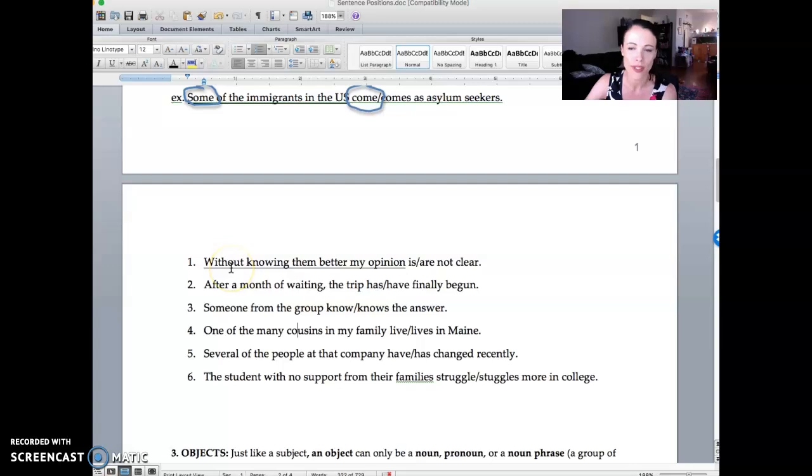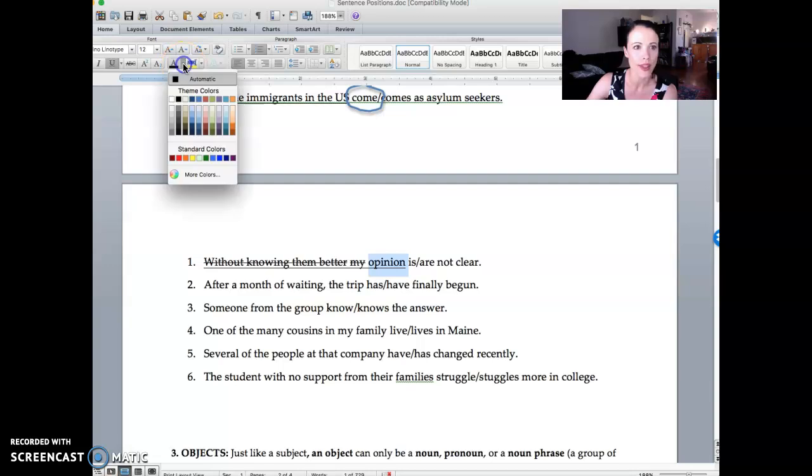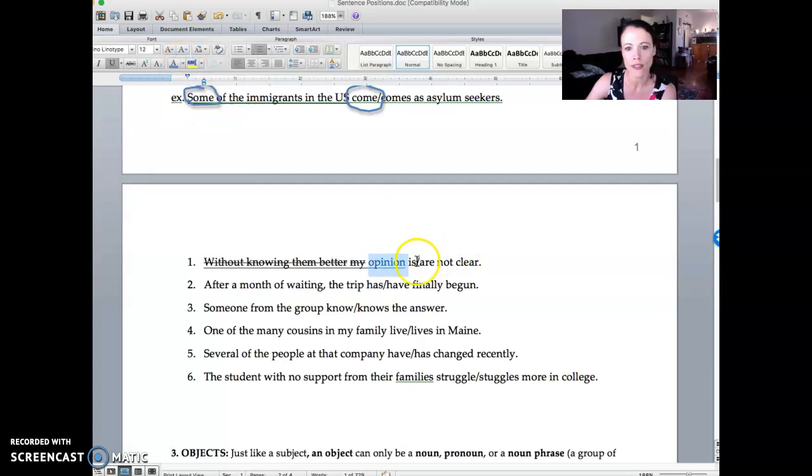So remember, it's never going to be a prepositional phrase. So without knowing them better, it's actually a prepositional phrase. I'm going to cross it out. My, that's an adjective, so I'm also going to cross that out. So I am left here with my noun, opinion. That is a noun, singular or plural? Singular, right? So we're going to match is. My opinion is not clear.